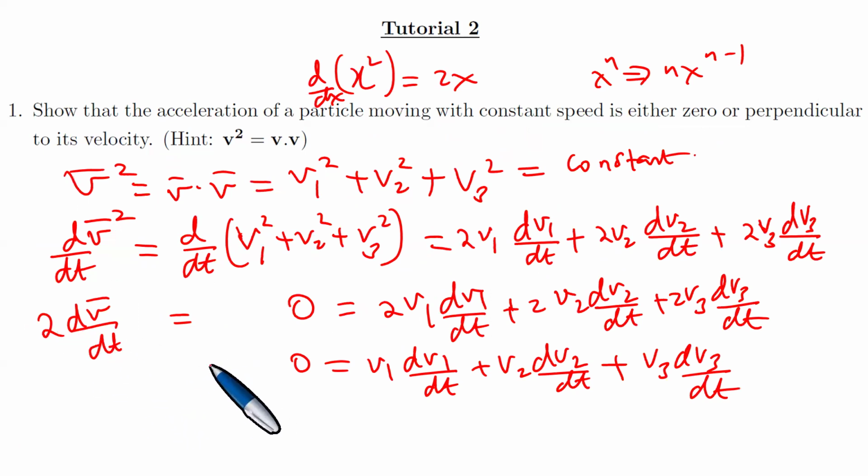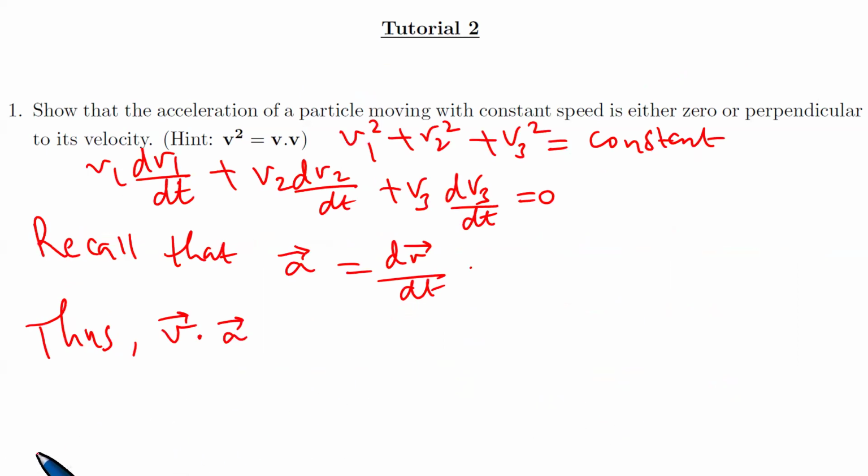We divide through by 2, and this is going to give us v dv dt. So v dv dt equals 0 equals this. So in the end, the acceleration is this. Now with the acceleration, because the speed is constant, we get this.